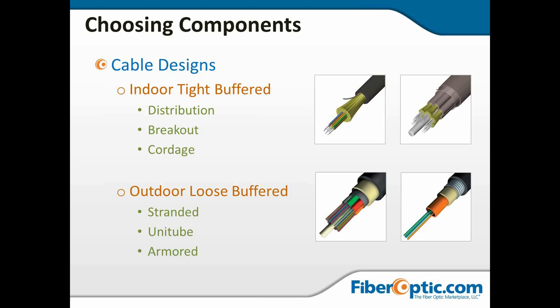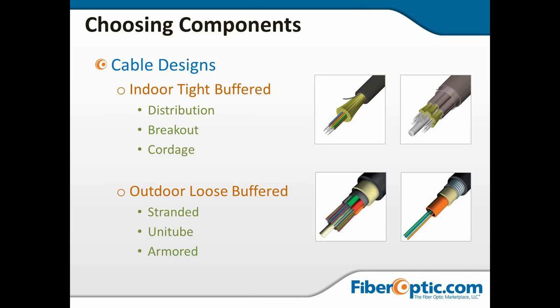It is multiple tight buffered fibers surrounded by aramid yarn and an outer jacket. It's the least expensive of the indoor cabling. It doesn't have a whole lot of extra fluff. It's just tight buffered fibers, aramid yarn, and an overall jacket.